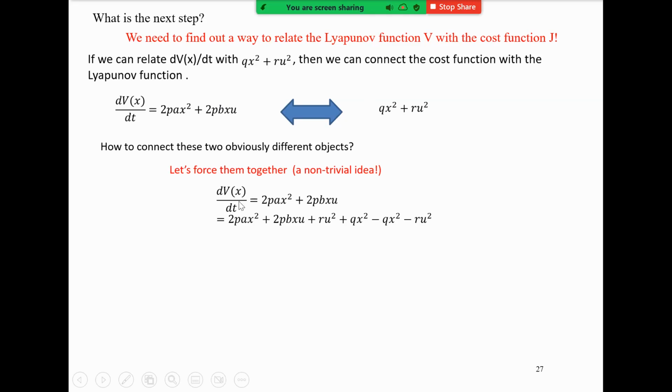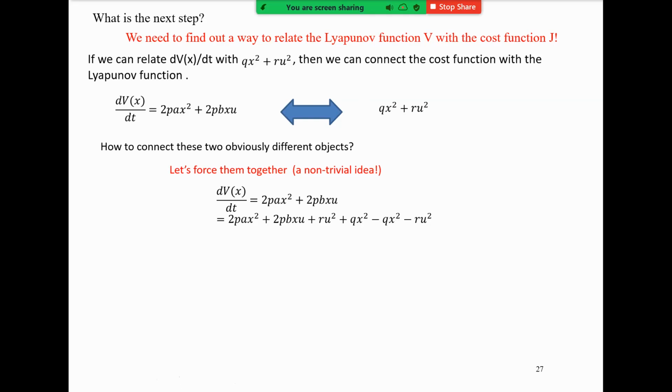This is the change rate of V. I want to relate it to Qx squared plus Ru squared, so I add Ru squared plus Qx squared. Of course, I have to subtract Qx squared minus Ru squared. You may ask mathematically, why are we doing this, plus something minus something?